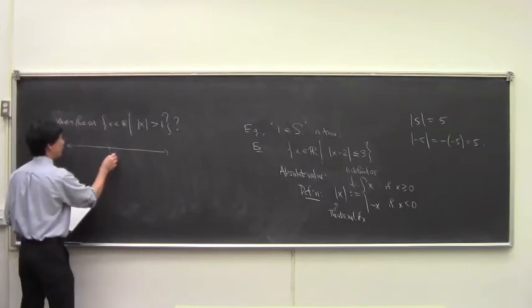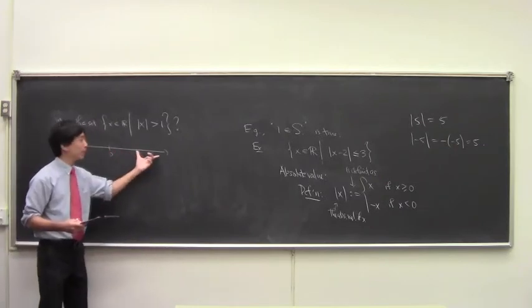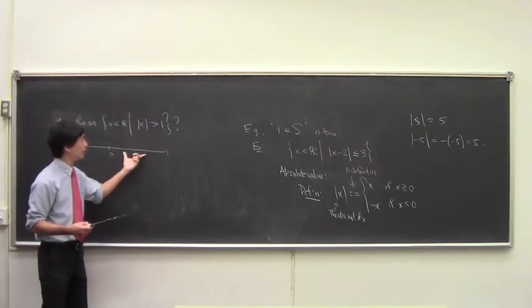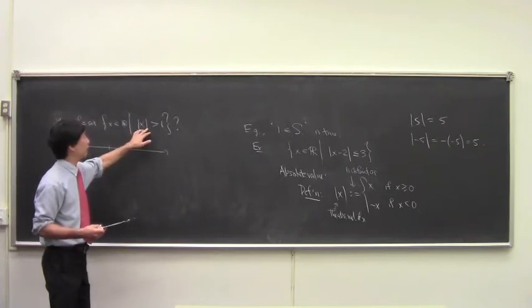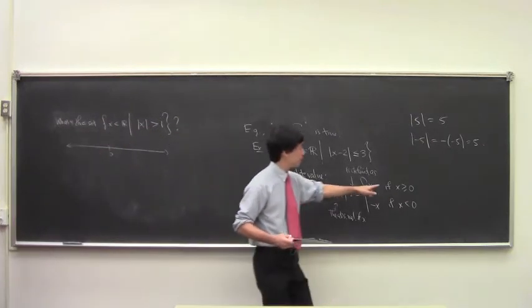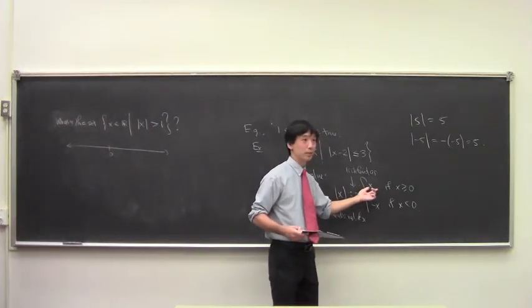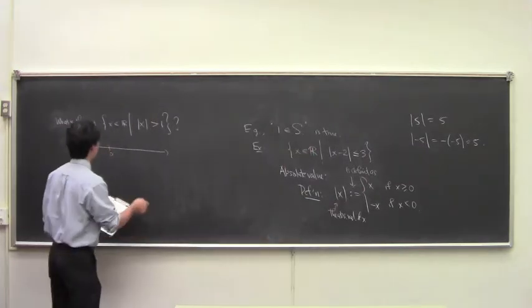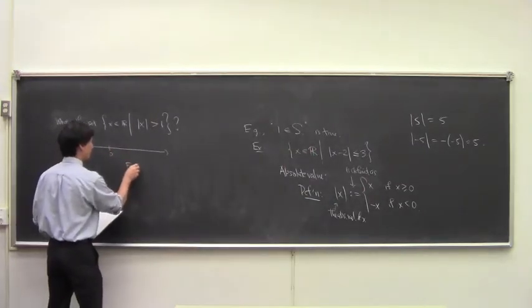So you'd say, okay, if I'm thinking about the positive numbers, then the absolute value of x is just x, right? For positive numbers, the absolute value of x is just x.